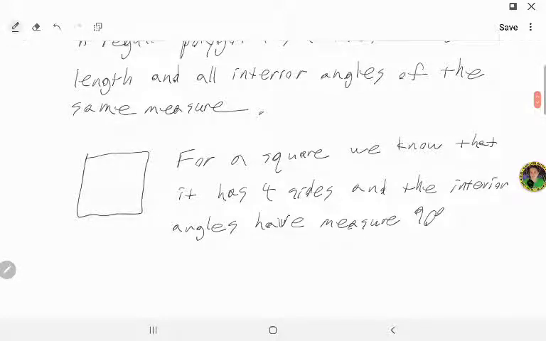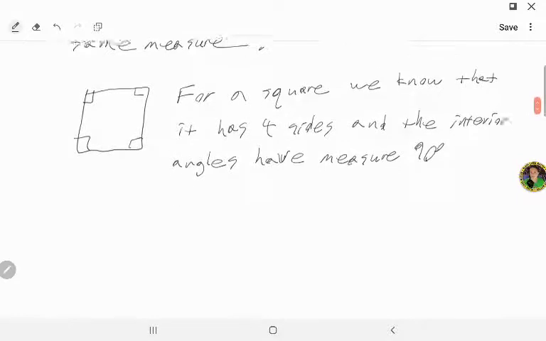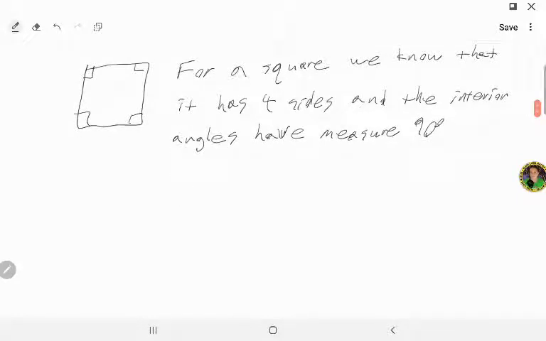So that's relatively straightforward. We can see that those interior angles are all right angles, they're all 90 degrees. The trouble is, how do we find out the measure of the interior angle for a pentagon?